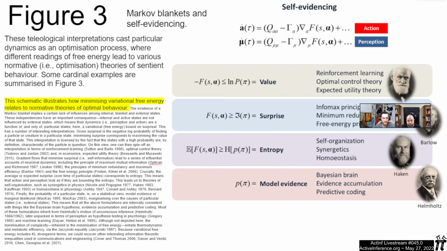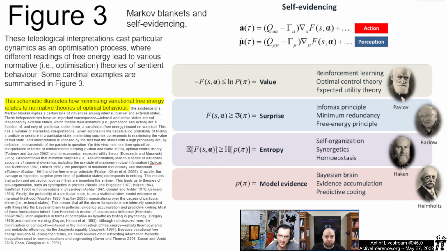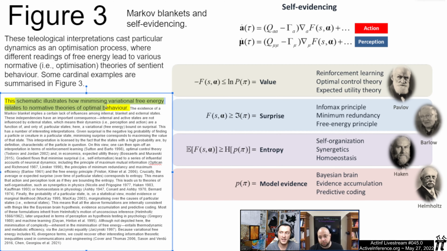In figure 3, several different ways in which this self-evidencing is connected to various theories. For example, value, surprise, entropy, and model evidence. And the schematic is illustrating how minimizing variational free energy.